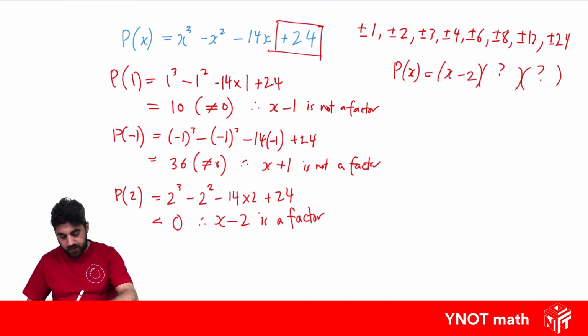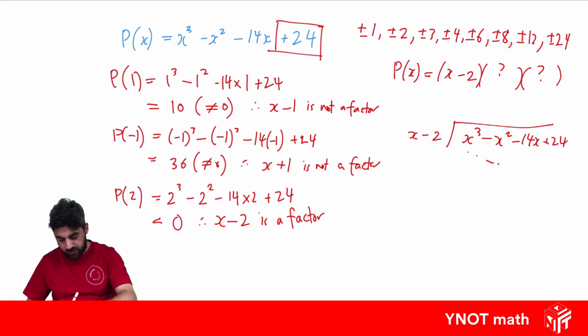So we could go ahead and do some long division. I'm not going to run through it, but you'd end up just taking your P of x, which is x cubed minus x squared minus 14x plus 24, dividing it by x minus 2 with the long division method.